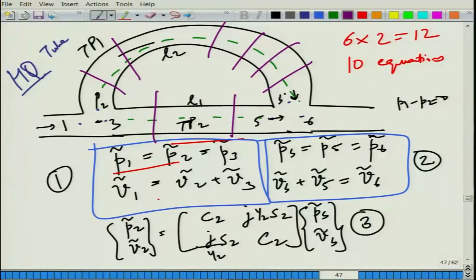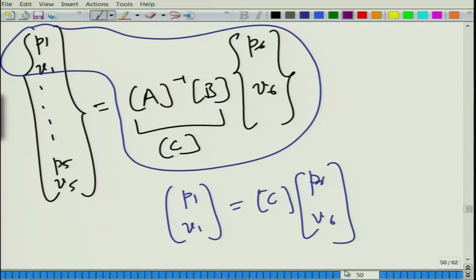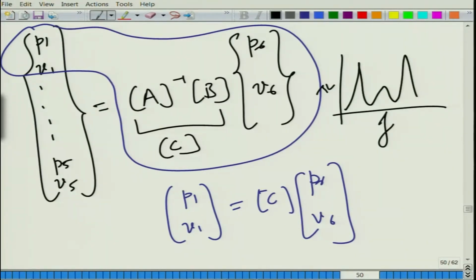In the next lecture, that is lecture 2 of week 10, we will go to MATLAB, write down all these equations, and do a MATLAB demonstration of how these equations work, and eventually how we get to this form and find the transmission loss, which is probably going to look something like this. On the frequency axis, this is TL, so we have multiple such peaks. It is going to have a lot of spikes at certain frequencies depending on the length.